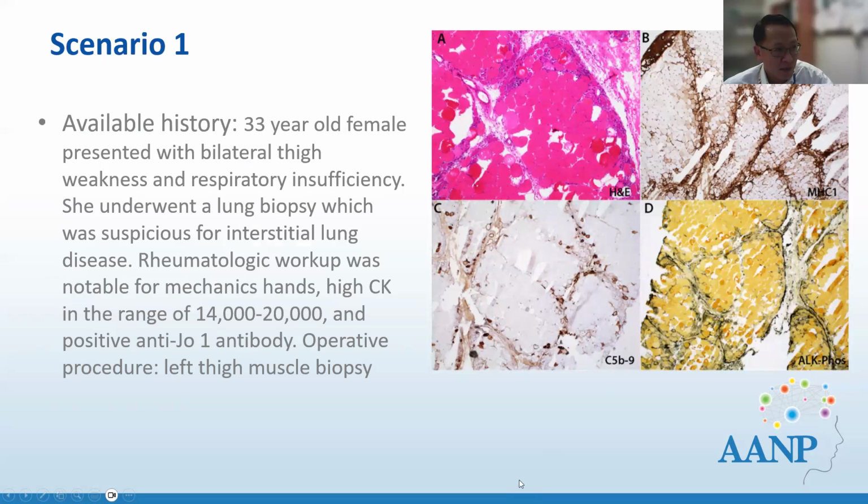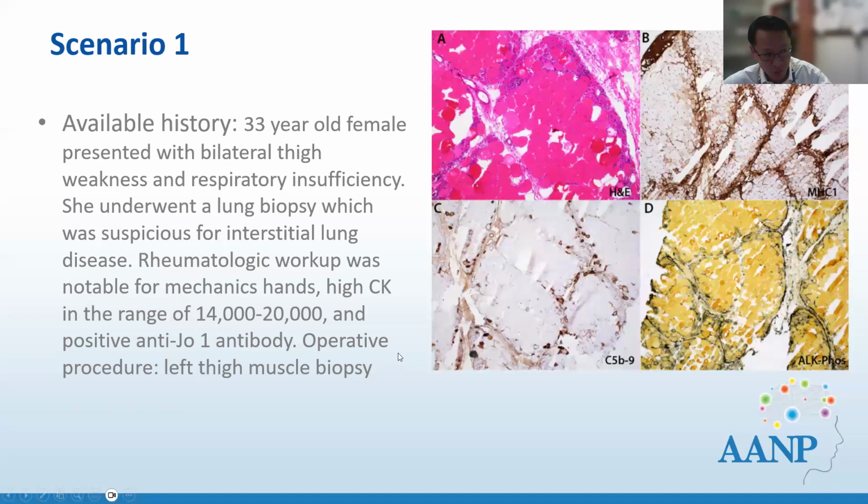Say this is a history we got: 33-year-old female with bilateral thigh weakness and respiratory insufficiency. Lung biopsy shows interstitial lung disease. Rheumatologic workup is notable for very high CK and also positive anti-Jo1 antibody. And pathology shows a perivascular necrotizing myopathy pattern.